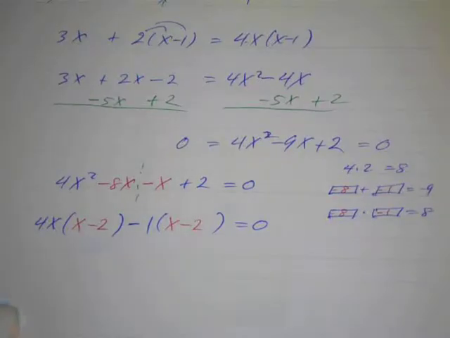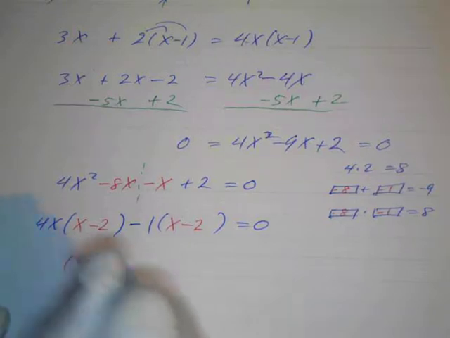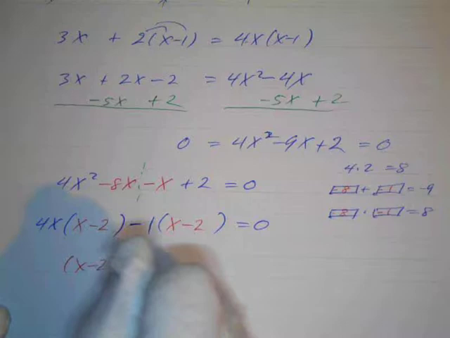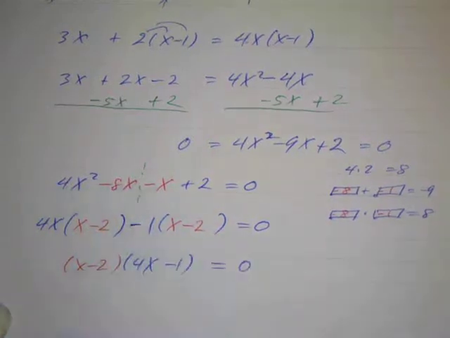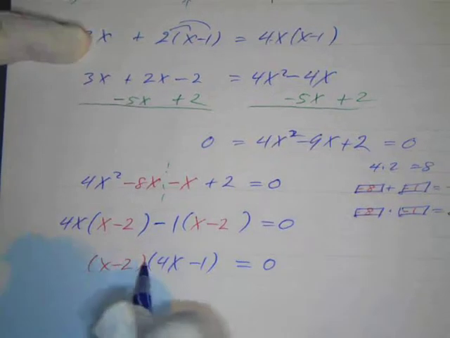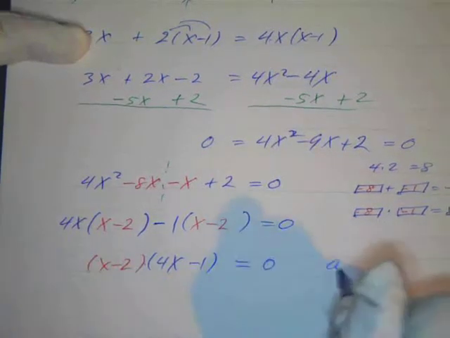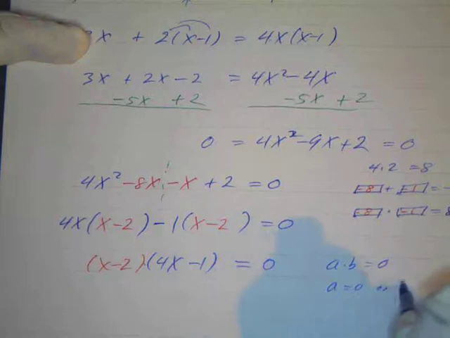And then we'll factor out the x minus 2. And what's left is 4x minus 1. And we know that's equal to 0. So if two things multiply to give 0, if a times b equals 0, remember if a times b equals 0, either a equals 0 or b equals 0.